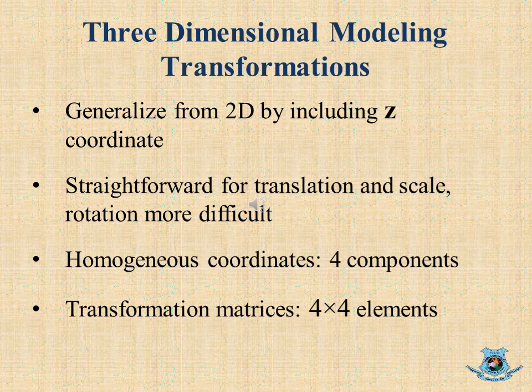Next, translation is straightforward, while scale and rotation are more difficult. In homogeneous coordinates, there are 4 components, and the transformation matrix has 4 by 4 elements.